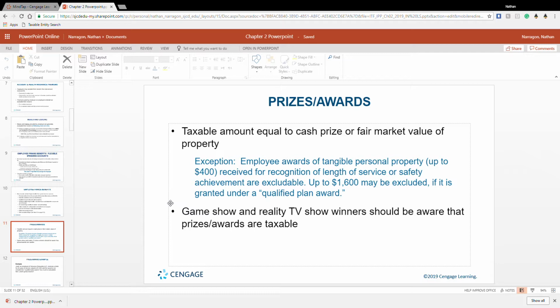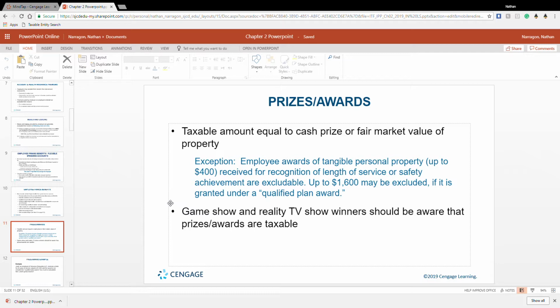This can be a problem. I will tell you this. With California, if anybody has watched The Price is Right, that is filmed in California, and most game shows are, you will have to pay the tax for the state right then and there. So as soon as you win it, you have to pay tax.